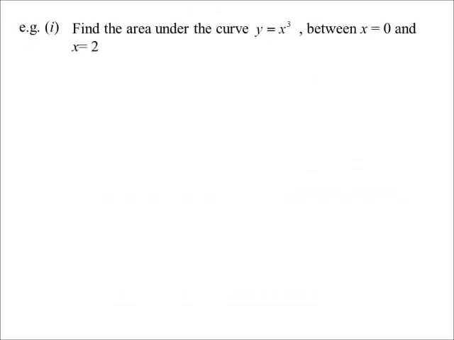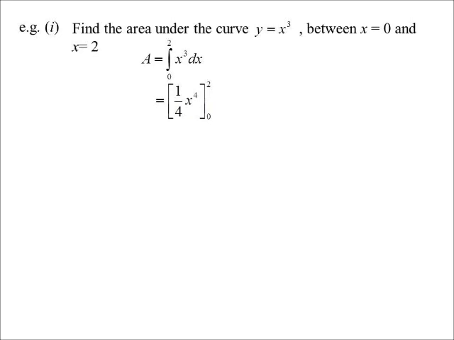So now let's find that exact area. Remember, it was y equals x cubed and we're going from 0 to 2. So now I can say it's the integral from 0 to 2 of x cubed. If you remember primitive function, it was add 1 to the power over that power. So I get a quarter x to the power of 4 and I'm going from 0 to 2.